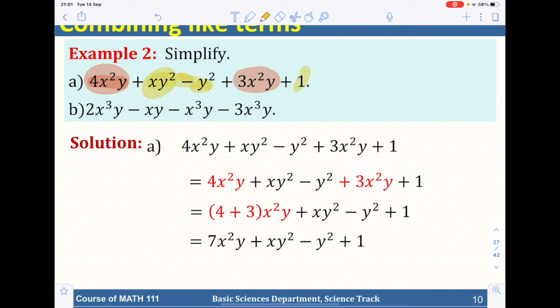Okay, so I will put those in the answer. Then I will just add these two together. I have 4 of this and 3 of this, so they would be 7x squared y, and then I will put those as they are.